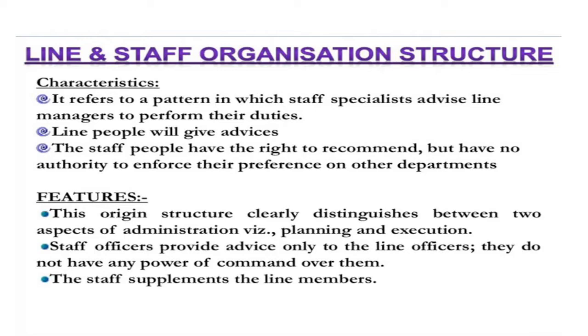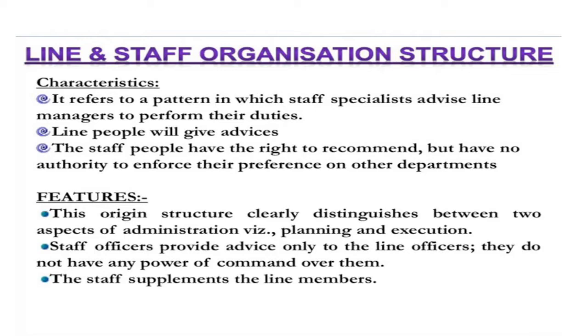So in the line organization, they will appoint or make available staff specialists to advise the line managers, line officers or line workers. Line people will give advice. Staff people have the right to recommend but have no authority to enforce their preference on their departments.